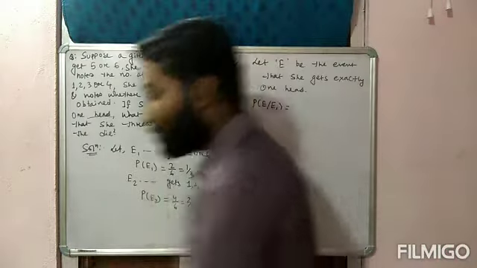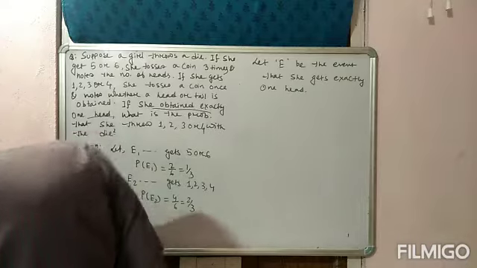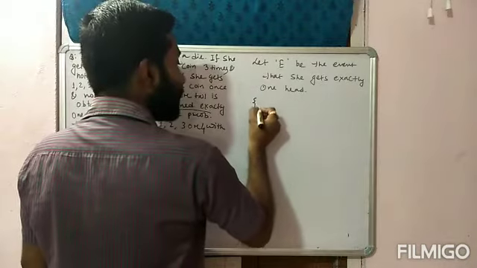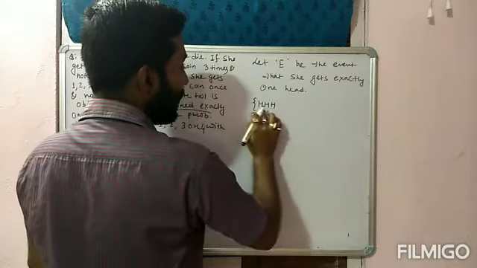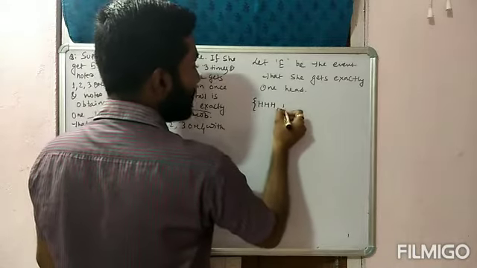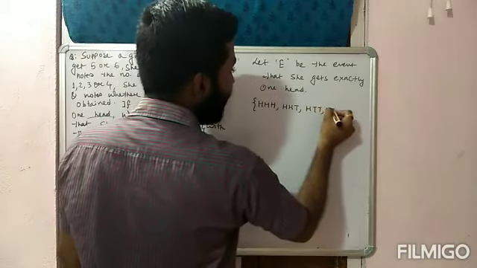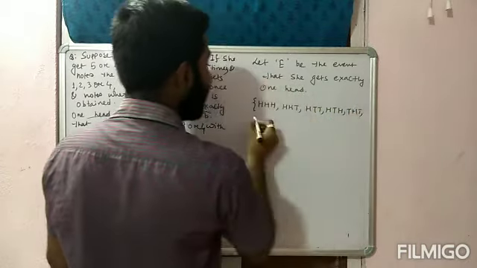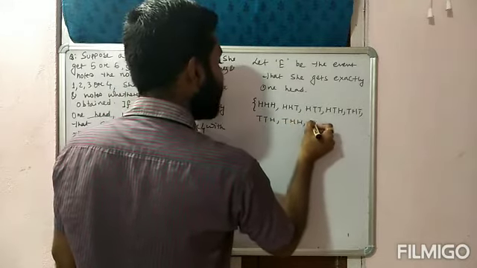So we have to check how many times exactly one head can come when the coin is tossed 3 times. If a coin is tossed 3 times, you write down the sample space, there will be no problem. HHH, HHT, HTT, and so on.